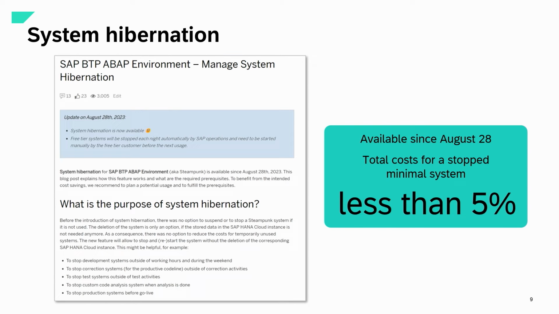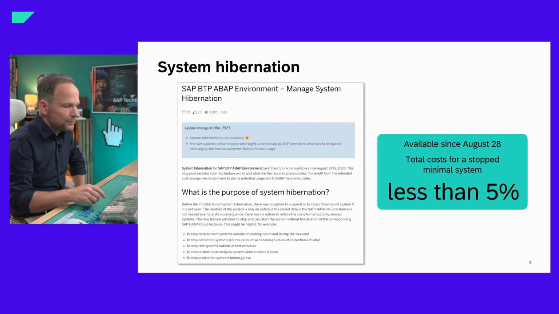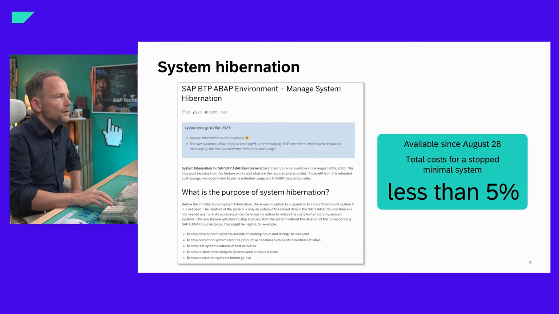So just imagine, in case of a 3-system landscape, development, test and productive, which is usually required to run a productive app, it would be possible to stop the development and test systems during the non-working hours, which reduces the cost significantly. We can say that in case of a stopped system, there are only remaining costs of less than 5% compared to the costs of a running system.